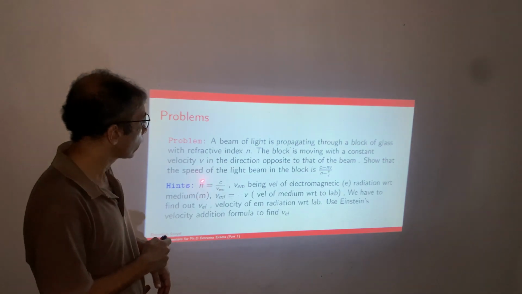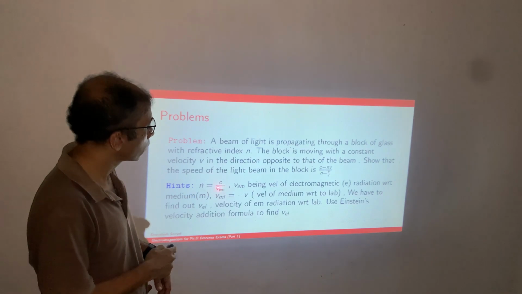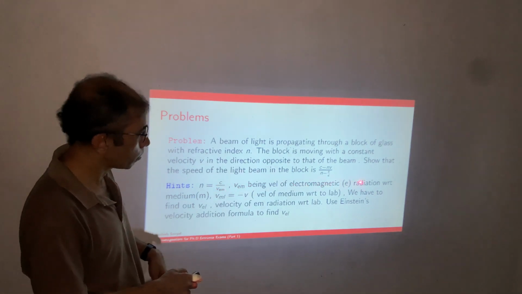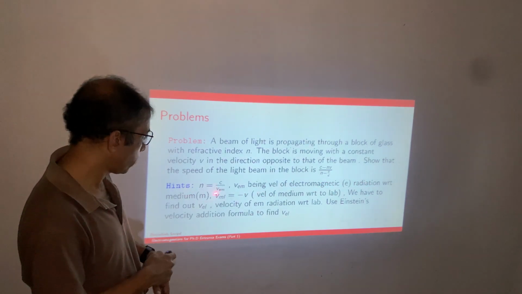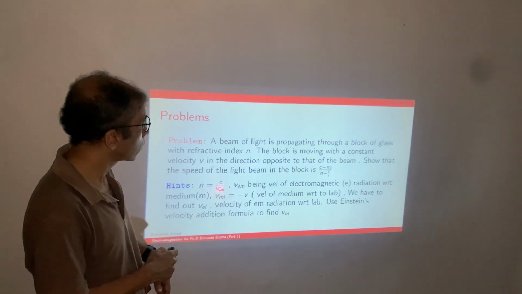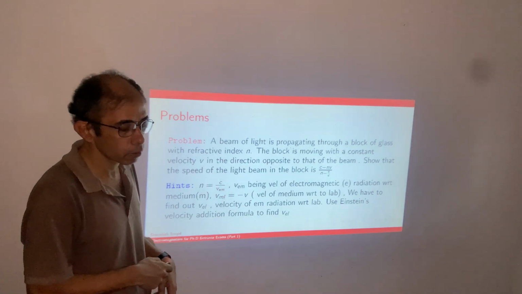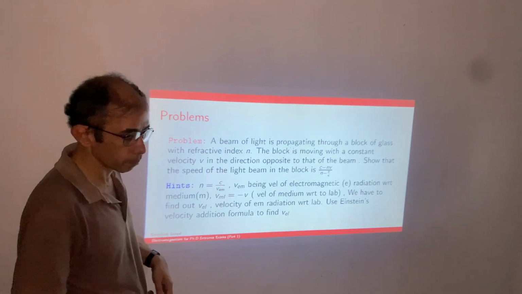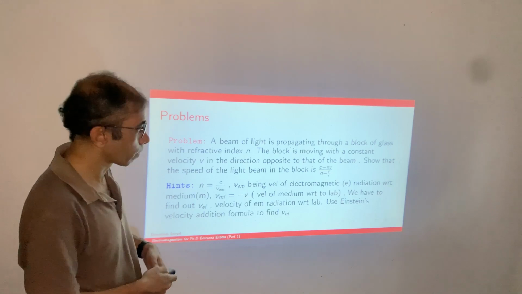Now, refractive index is given by the velocity of light in vacuum divided by the velocity of the electromagnetic wave with respect to the medium. Medium is designated by M here, and E stands for electromagnetic wave. So V_EM is the velocity of the electromagnetic wave with respect to the medium, and the medium is moving with respect to the lab frame.